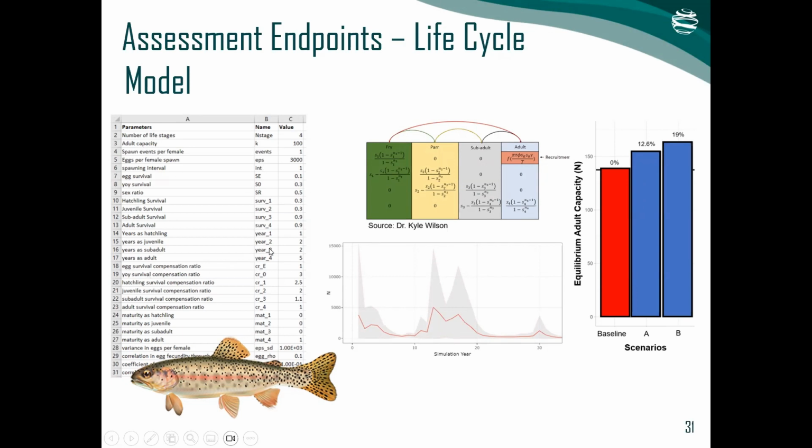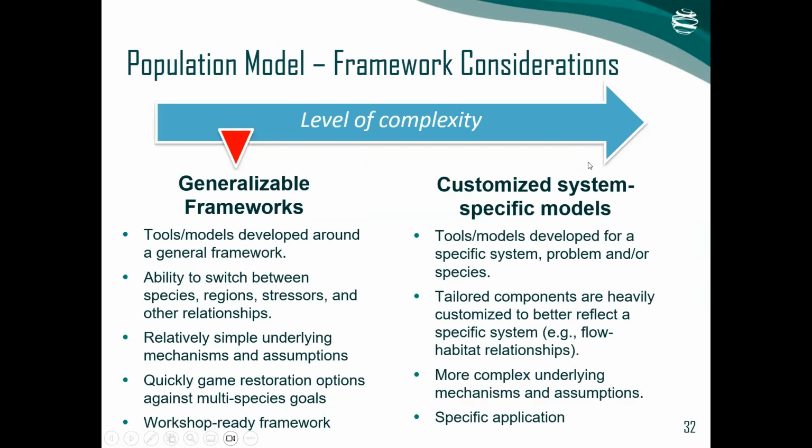So in this example for Athabasca rainbow trout, in red here we see a baseline scenario, and then scenario A and scenario B could change a series of stressors to represent restoration actions. And then we use the life cycle model to look at the relative change above baseline there.